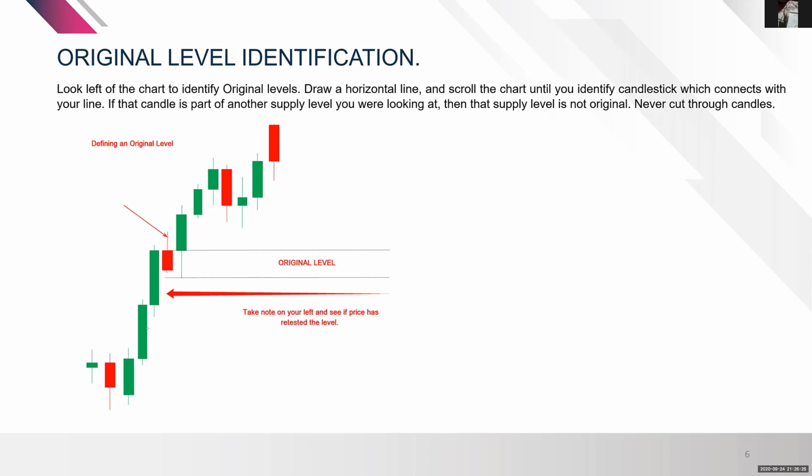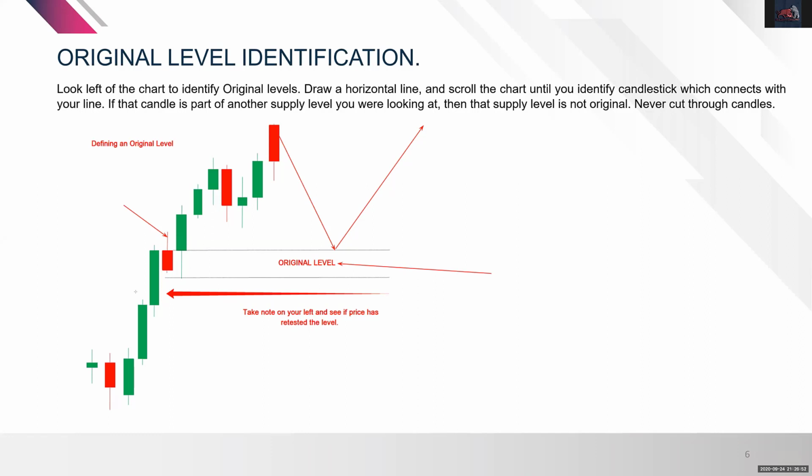That candle there is what defines an original level. It's going to offer us opportunities when price comes back to trade to the upside. That's how you define an original level.